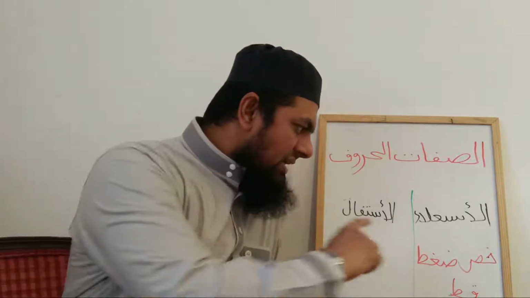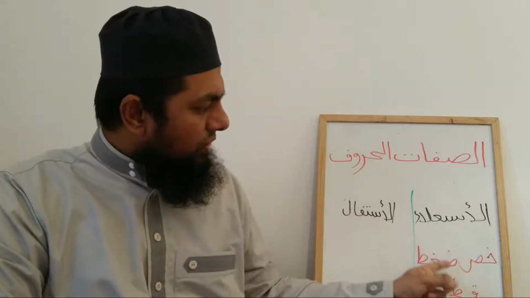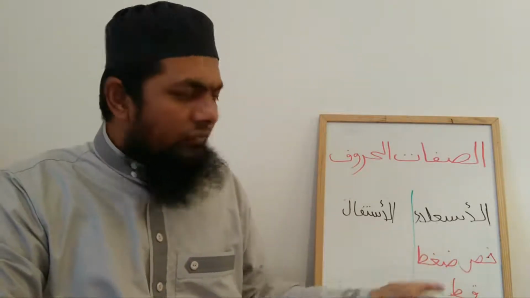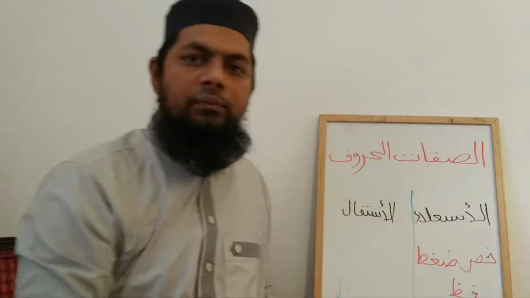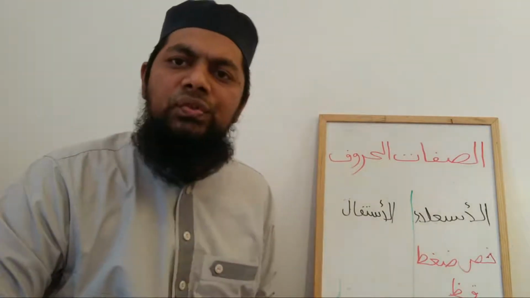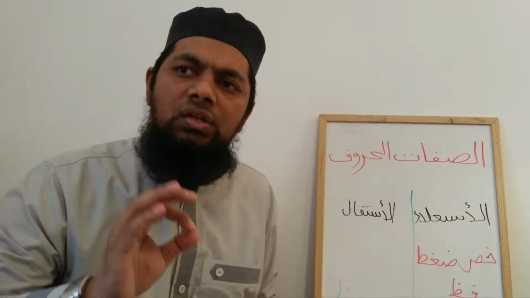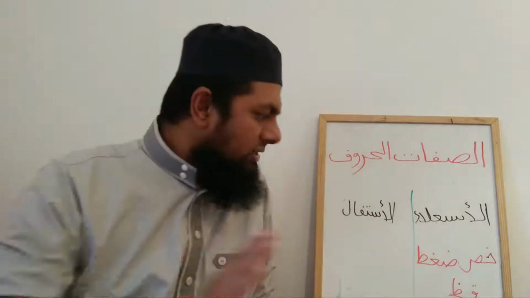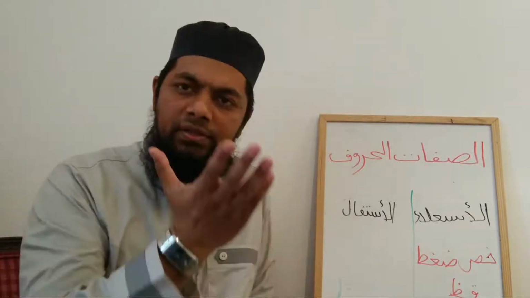So there are 7 letters. They're always heavy: kha, sad, dad, ghain, ta, qaf and za. In short, we call them khussa dagtin qiz.